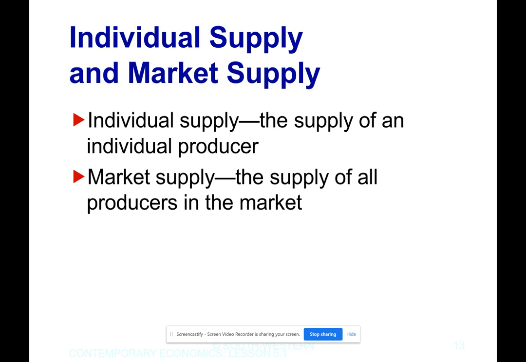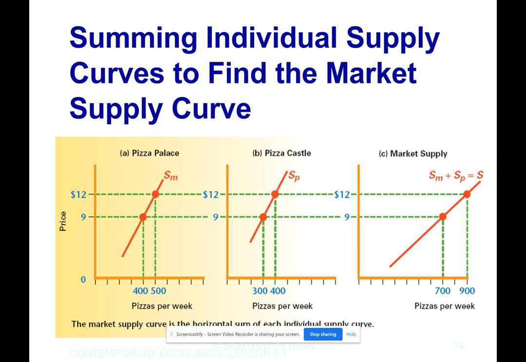Individual supply, the supply of an individual producer. So this is like an individual business supplying goods, right? Producing goods. Whereas market supply looks at all of the producers in the market. So let's say that we're looking at two pizza firms for the pizza market.